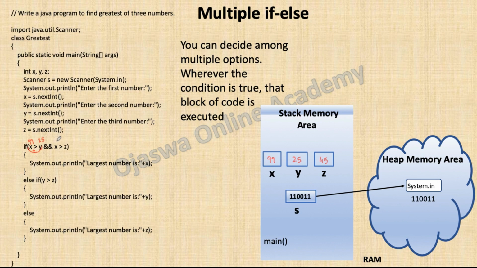Value of x is 99 and value of z is 45. 99 greater than 45, even this condition is true. So when you are using the AND operator and both the conditions are true, the whole expression returns true. Now the control of the program will come inside the if block and this statement will execute. So the output will be largest number is 99. So this is how we have checked multiple conditions using multiple if-else.